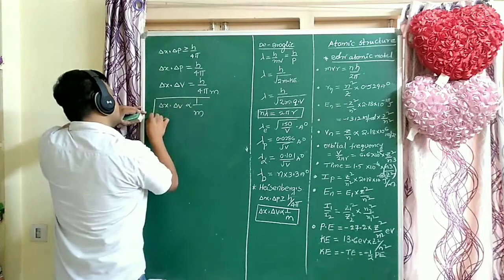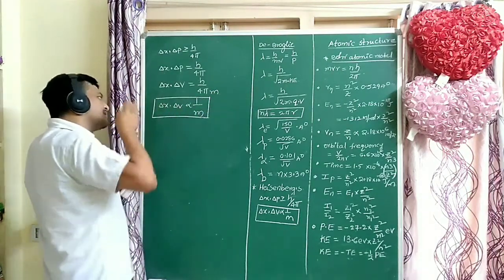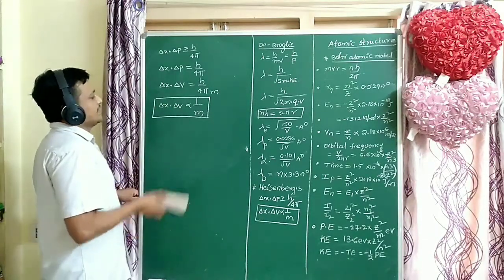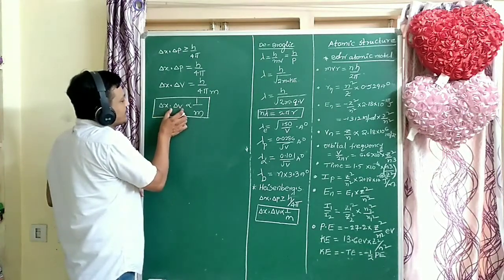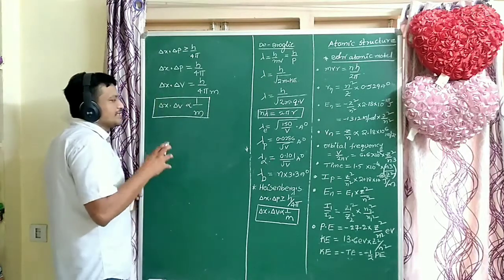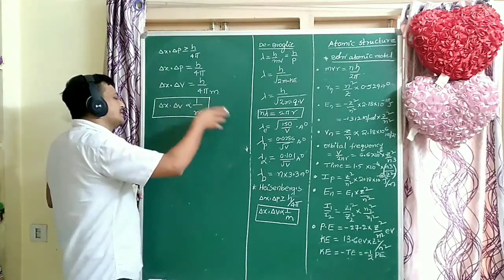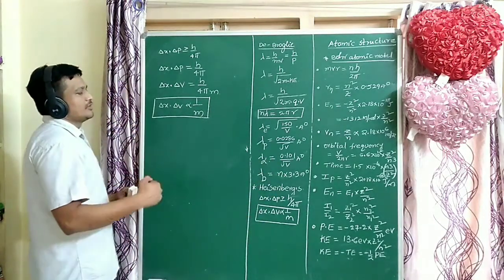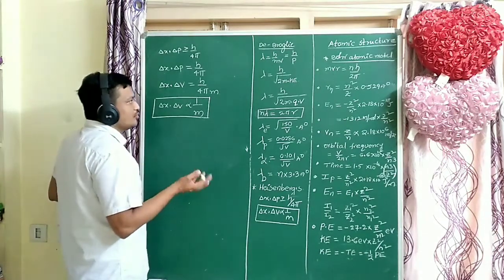As the mass of the particle increases, the product of uncertainties in position and velocity decreases. So as mass increases, uncertainty decreases. So this law is applicable to microparticles, not applicable to macroparticles.